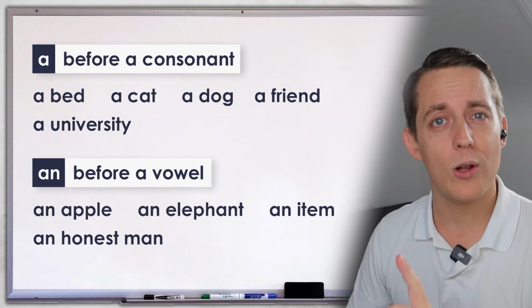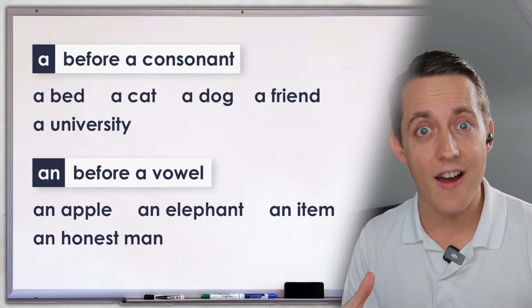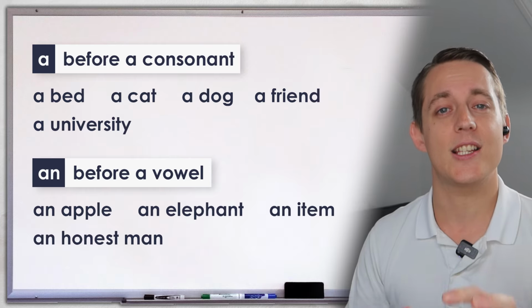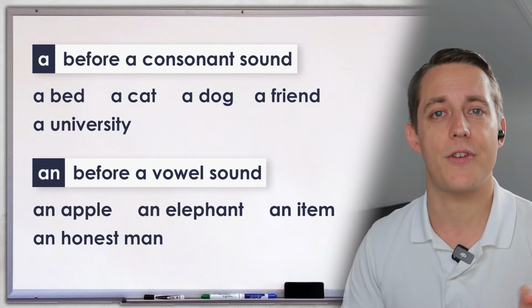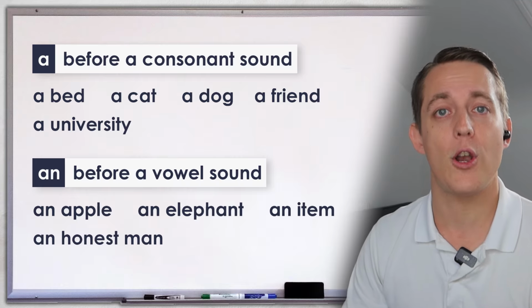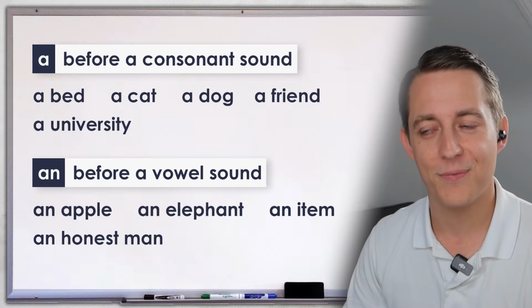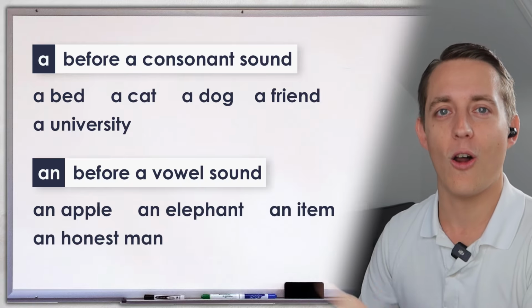It's just that the rule we were taught was missing one word. So we use an when the next word begins with a vowel sound. University begins with a y sound, like y. And honest begins with an o sound, like o. So it is a university or an honest man.